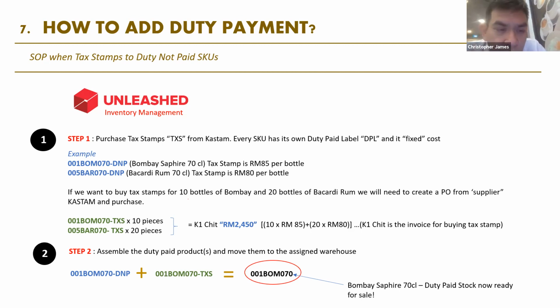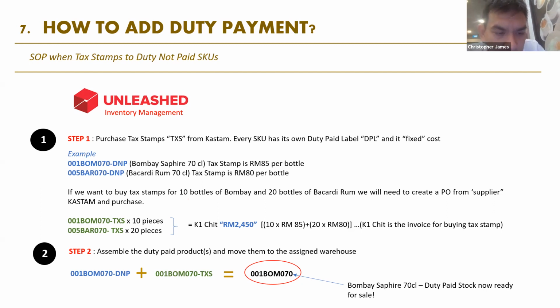For example, if the duty for Bombay is 85 ringgit and the duty for Bacardi is 80 ringgit per bottle, just as an example, you want to buy tax stamps. You want to buy 10 bottles for Bombay and 20 for Bacardi. So Adeline, what you need to do is go to Unleashed and create a PO to buy 10 pieces of tax stamp.